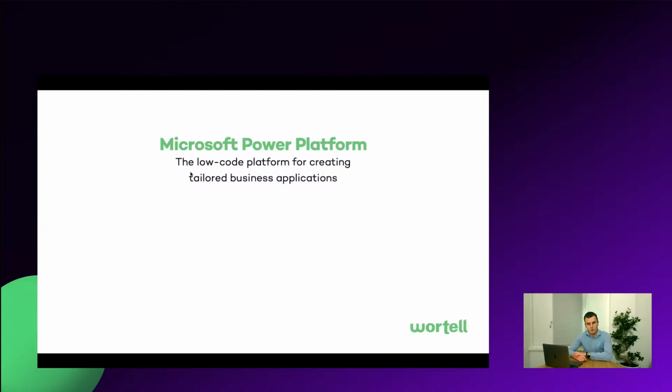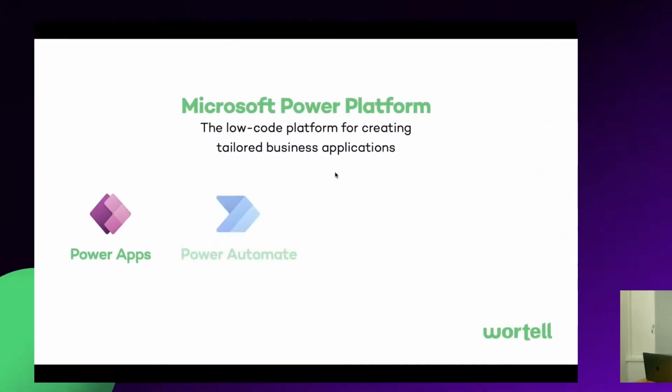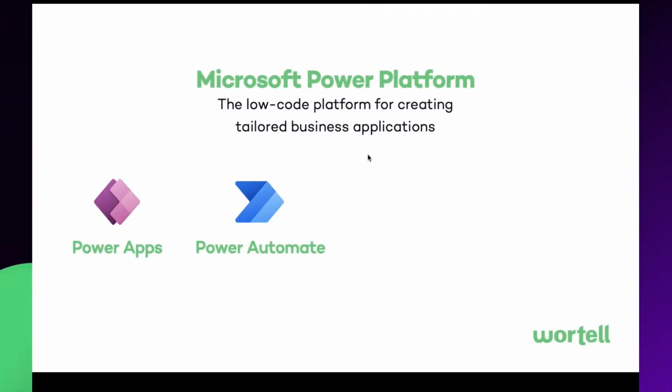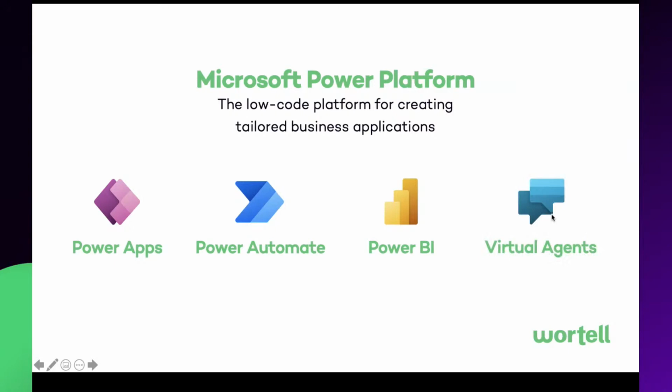And this basically means that you can create solutions specifically based on your company's needs. The Microsoft Power Platform consists of 4 different components, which are Power Apps, of course, the main topic of today's session, Power Automate, a solution for workflow automation, Power BI, a solution for data analysis, and Power Virtual Agents, which is a solution for creating chatbots.